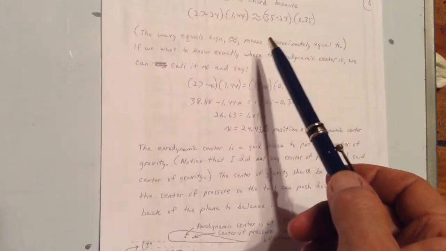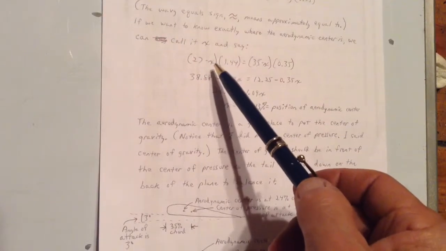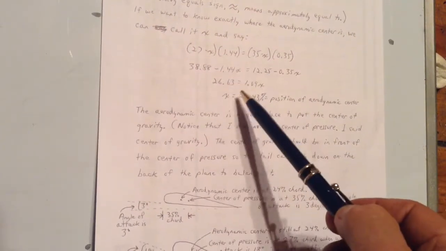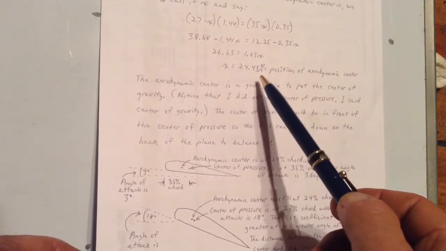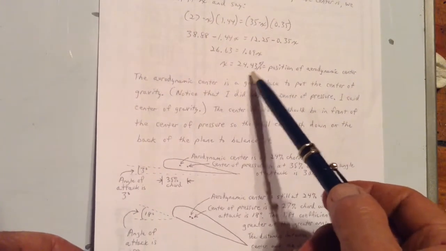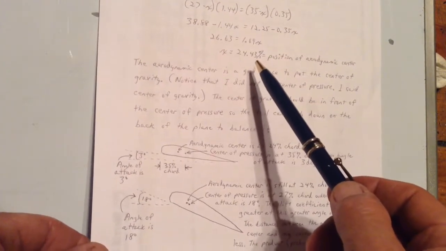So we called the position of the center of pressure X, and we calculated that the aerodynamic center should be around 24-25% of the way back from the leading point of the wing to the trailing point of the wing.